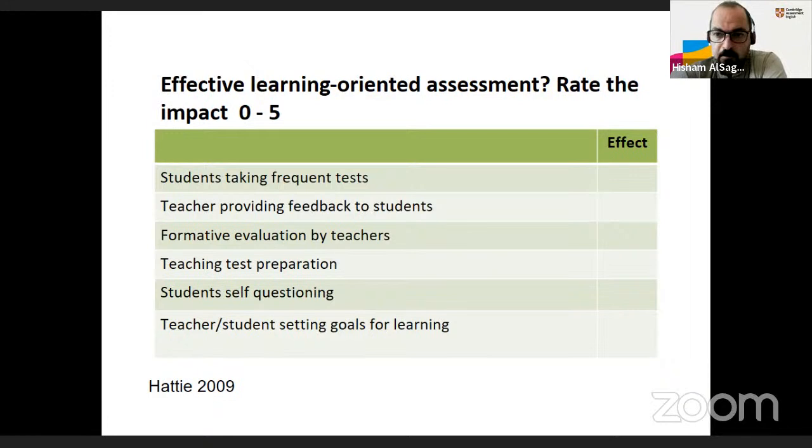And again, for the people listening to me today, please feel free to rate them according to your own criteria. How would you rate these statements according to their most powerful impact on learners? I'll give you 1 minute just to think of how you'd rate them yourself.